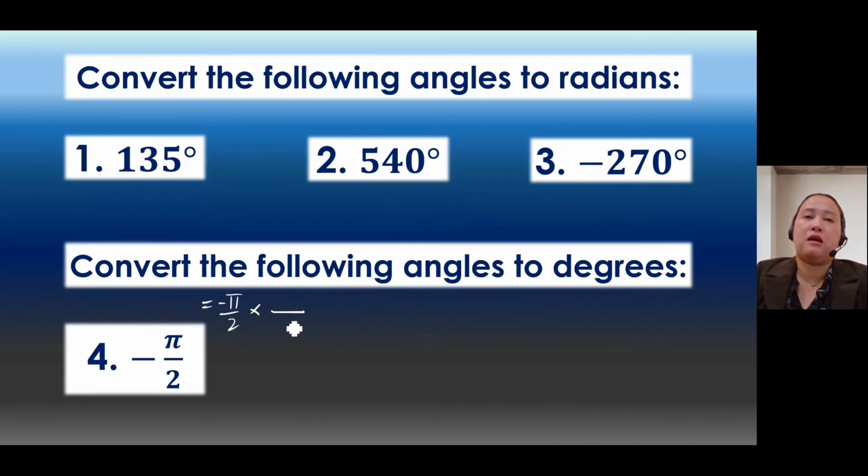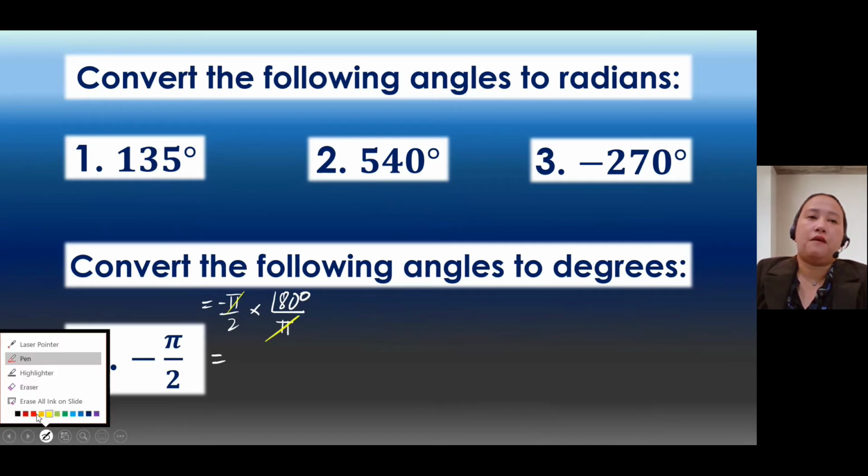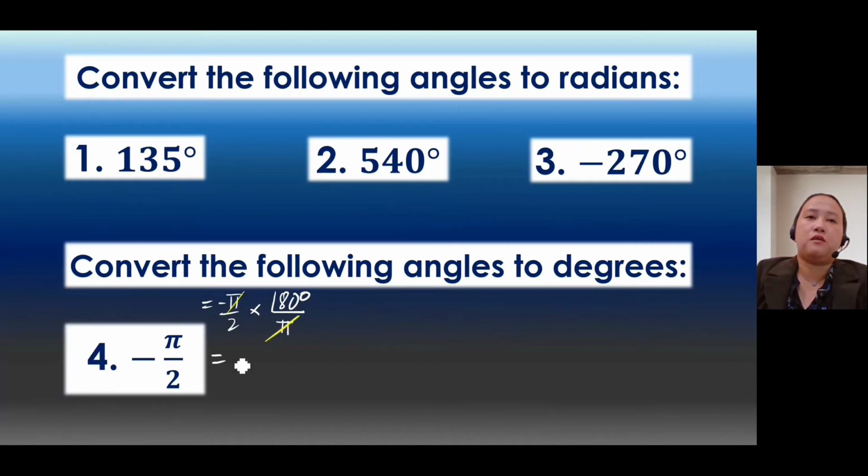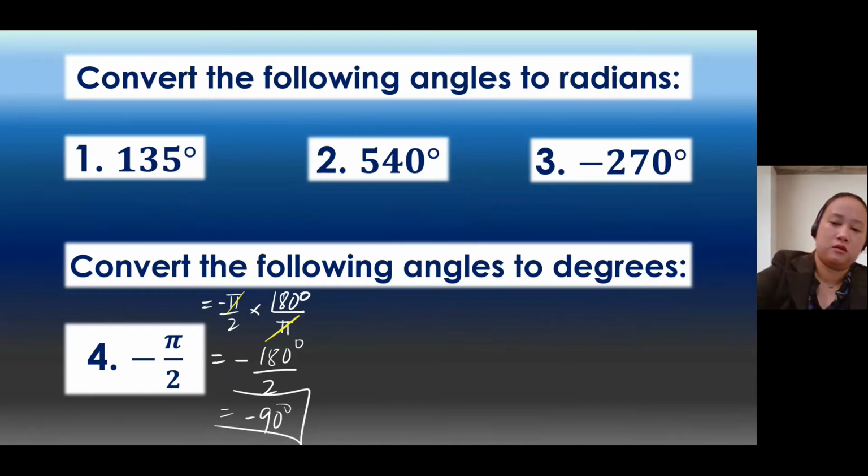So the denominator should also be in pi rad and the numerator is in degrees. We can actually cancel the pi here. After canceling, we have negative 180 degrees over 2. This gives us an answer of negative 90 degrees.